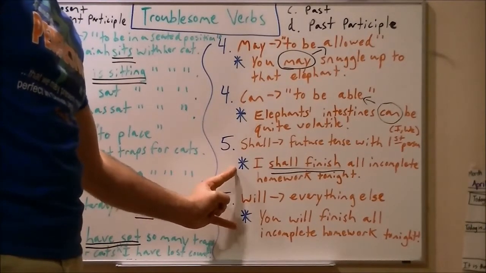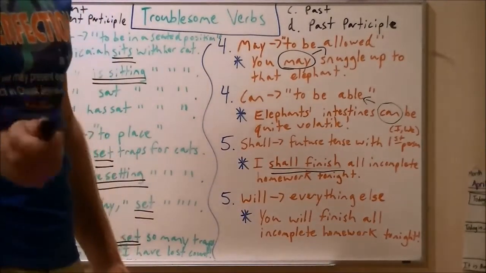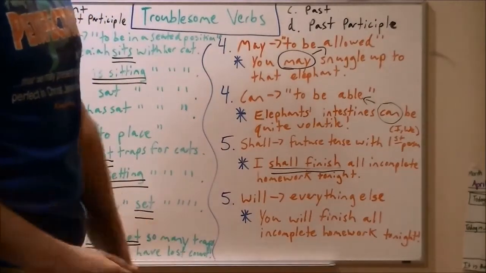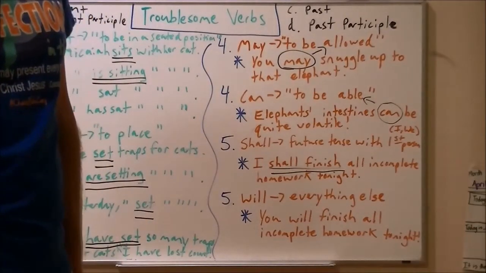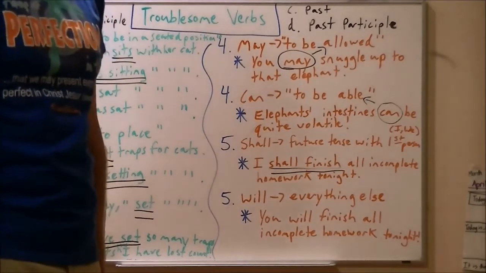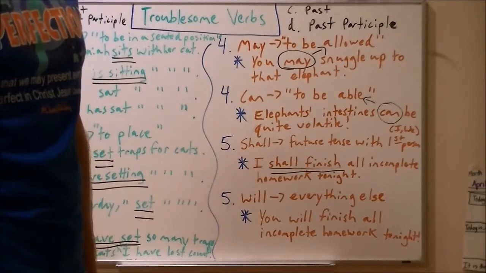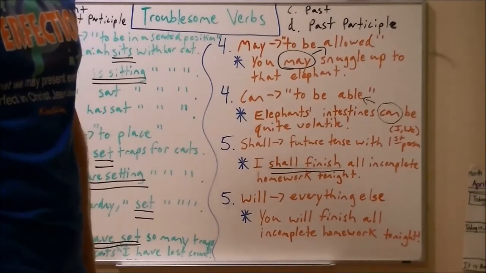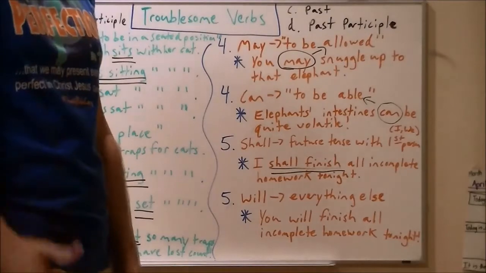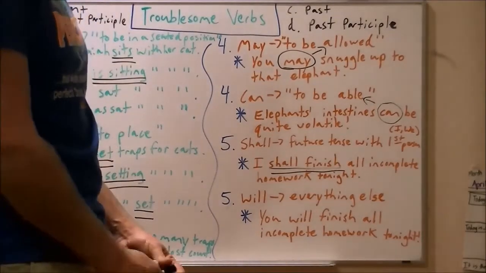All right, so if you have future tense first person, you will only get it right on your test if you use shall. But if you're using second person, which is you, your, or third person, which is he, she, it, they, them, him, her, itself, or just as a narrative, you would use will.